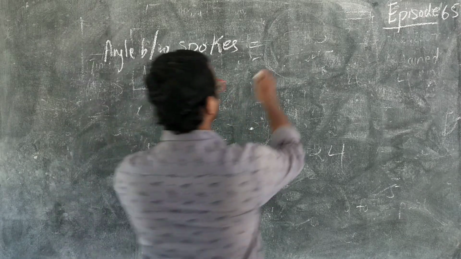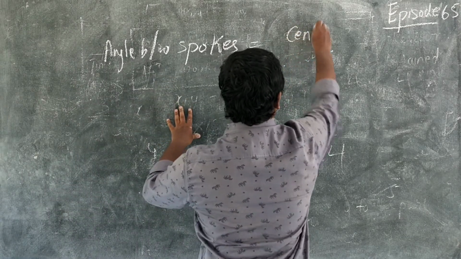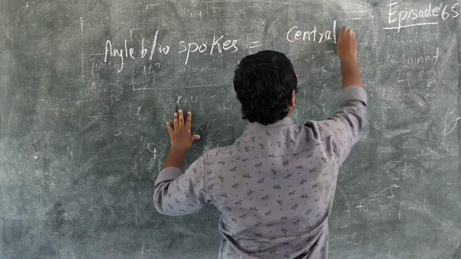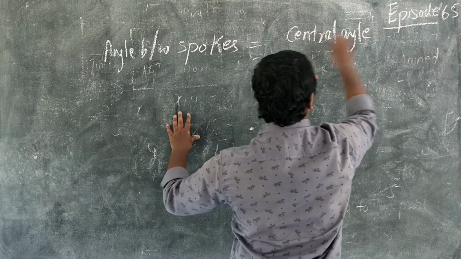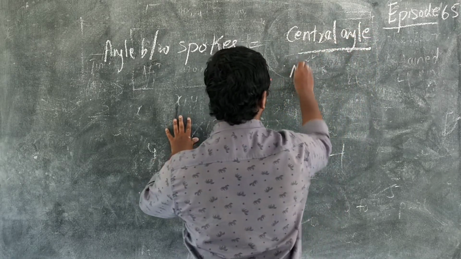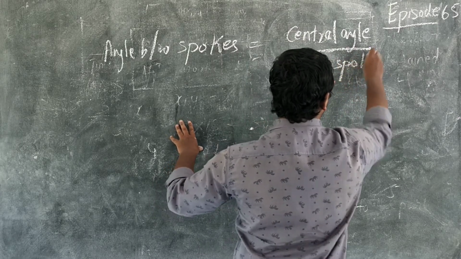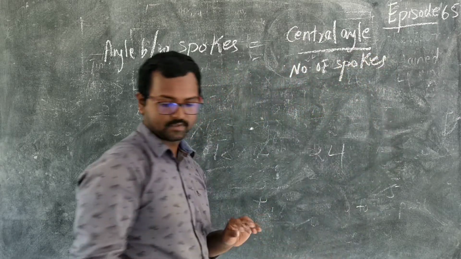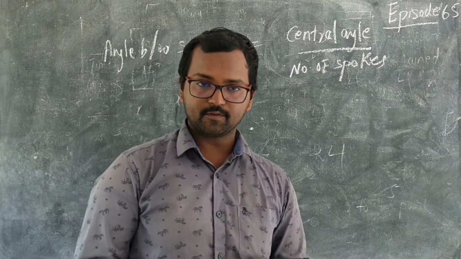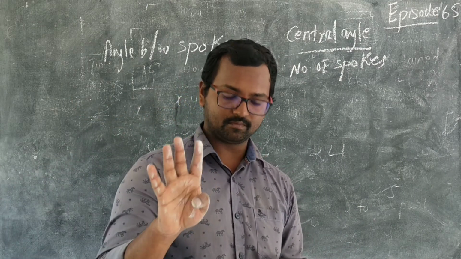Angle between spokes is equal to central angle divided by number of spokes. So see here, number of spokes in the figure is given as 4.